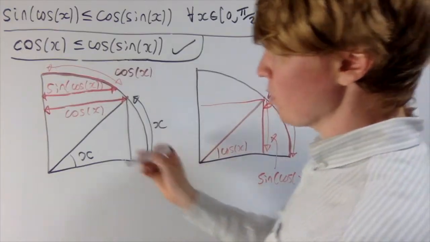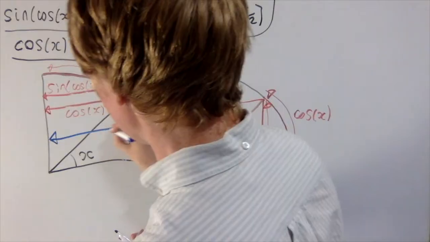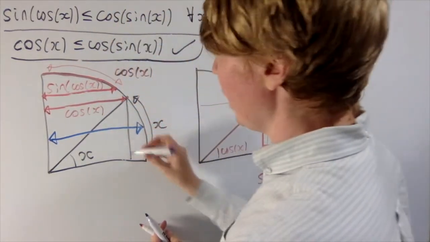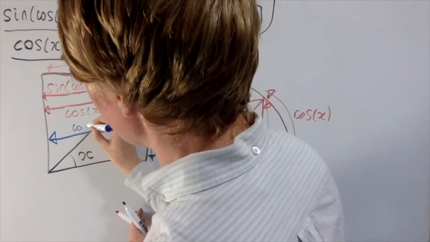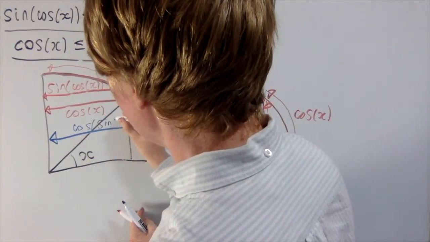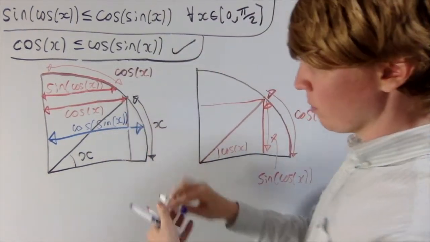And we saw previously as well that cos of sine of x was actually further down over here. So you're higher up for sine of cos of x, then you go down for cos x, and finally for cos of sine of x you're lower down, so this is even bigger.